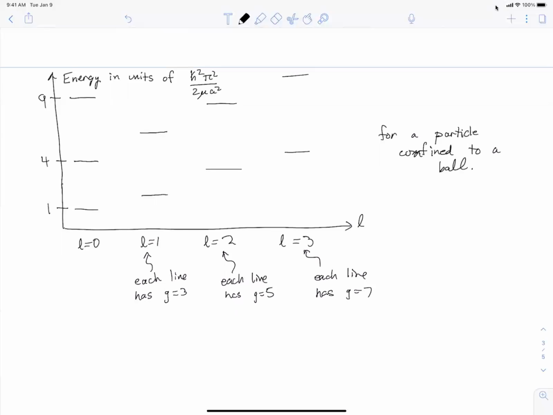A generic feature that's very common to all these problems is that the lowest of all the energy eigenstates has L equals 0. And then as you add angular momentum, the lowest available energy state gets more energetic. Classically, that's just like the fact that if I have something and I start rotating it, I'm adding to the kinetic energy of its parts.